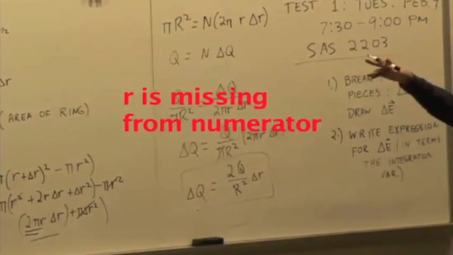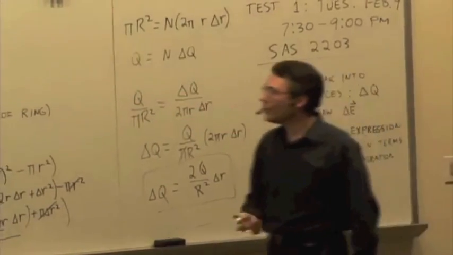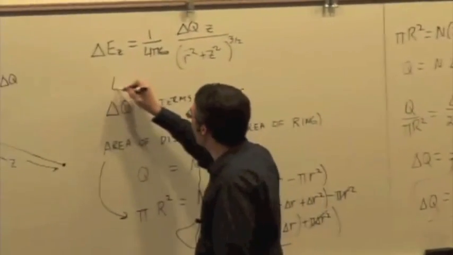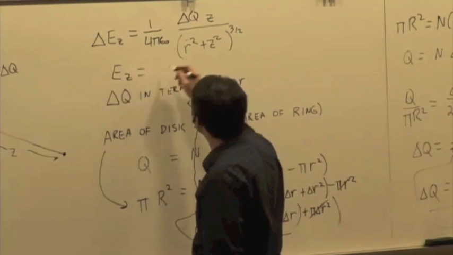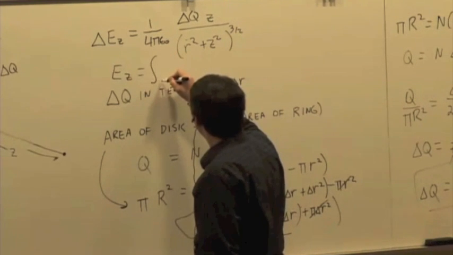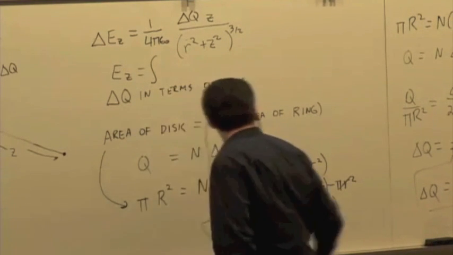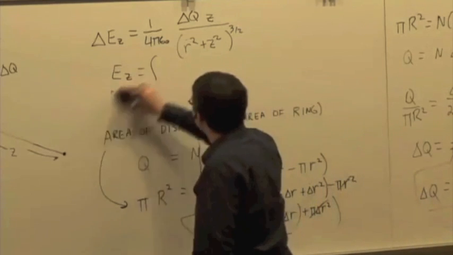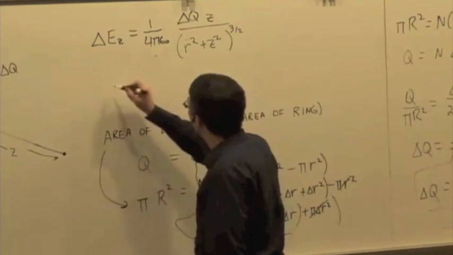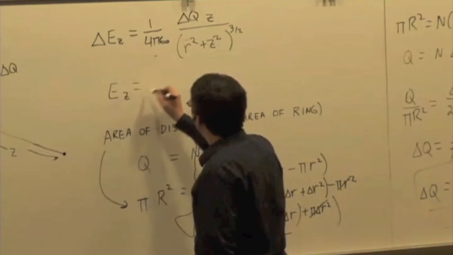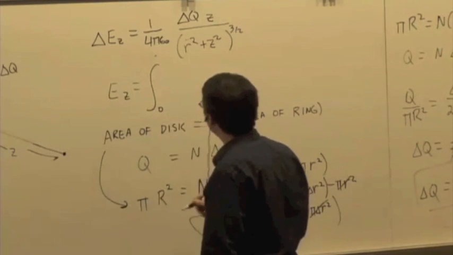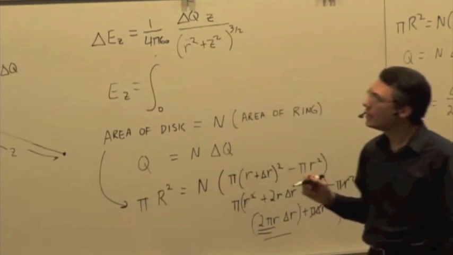We can then plug that back into the formula and do the integral. As usual, I'm not going to do the integral, I'm just going to give you the result. We have an integral from 0 to what? Big R, right?